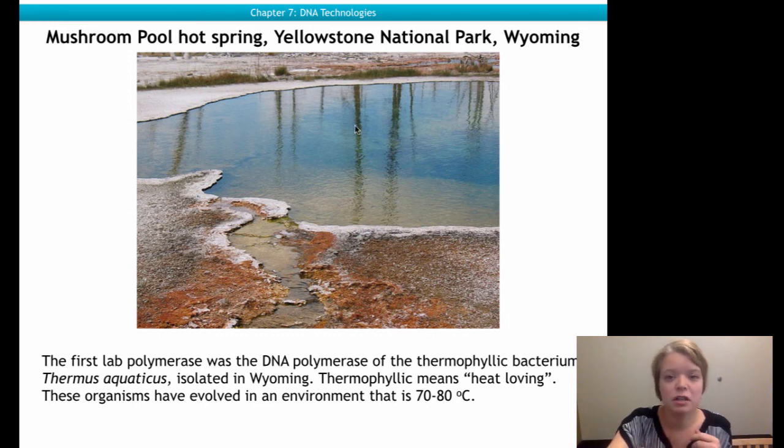And because it's not as hot as the Prismatic Pool, it doesn't have quite so colorful a bacterial population growing there, so it's a bit brown. However, the scientists were able to isolate this thermophilic bacterium out of the hot waters of the Mushroom Pool. And then they were able, using approaches we'll discuss later called degenerate primers, to isolate the sequence for the DNA polymerase from the bacterium.